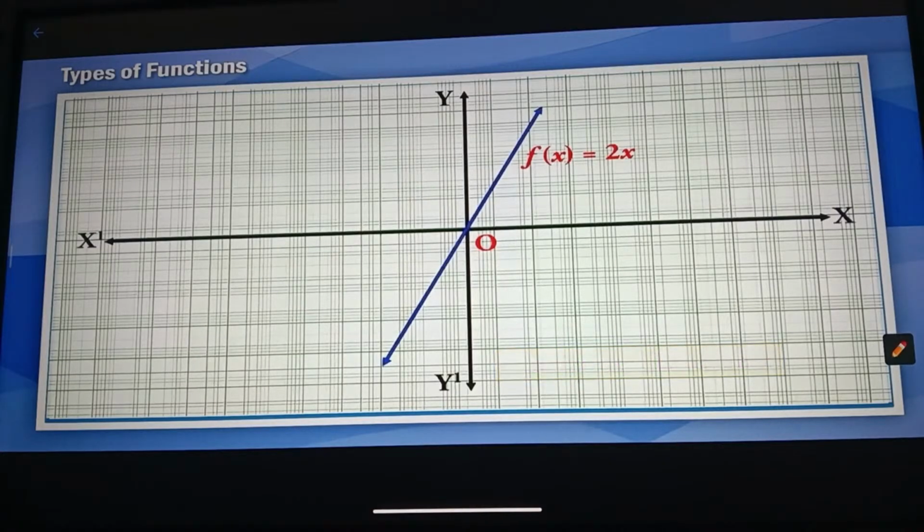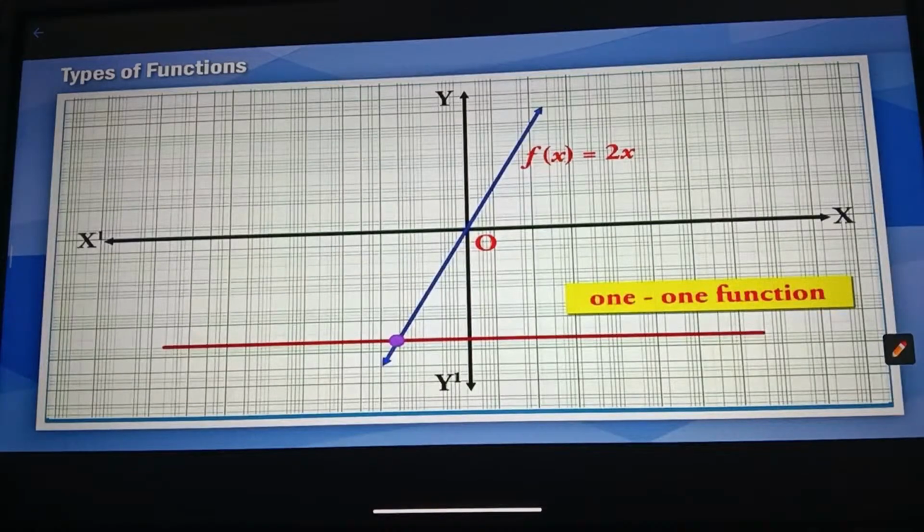To check the injectivity of the function f of x is equal to 2x, we draw a horizontal line such that it cuts the graph. This line cuts the graph only at one place. Such types of functions are known as 1-1 functions.